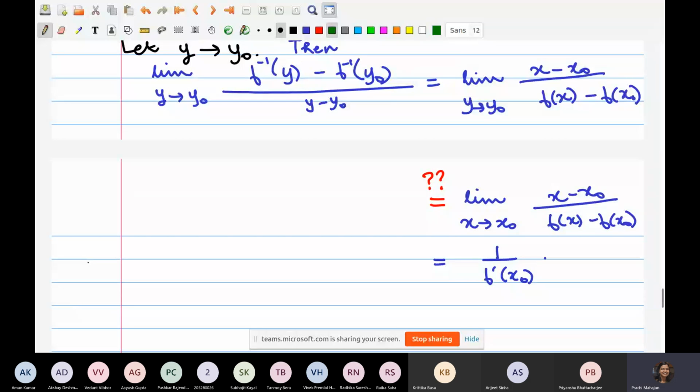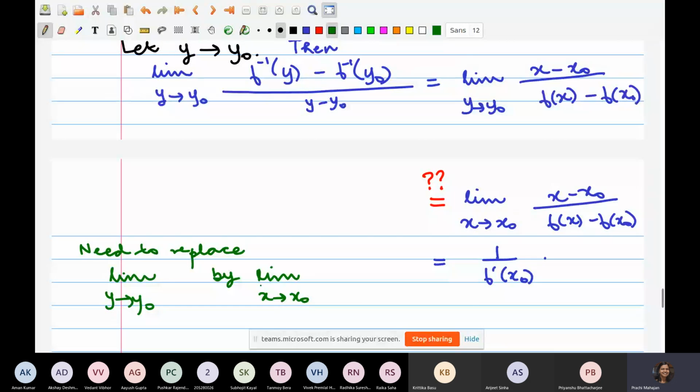So we want here the limit as y goes to y naught. I'm just scribbling here to emphasize what it is that we want to do. See, y is f of x and y naught is f of x naught, and we want to replace.